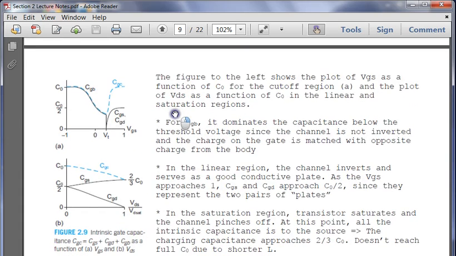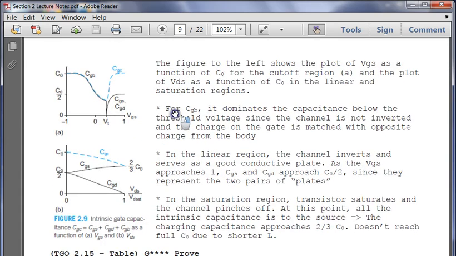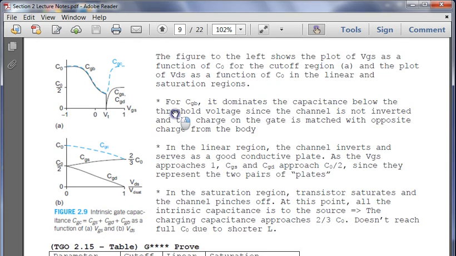Here, we're going to worry about the cutoff region first, before we've reached the threshold voltage. So we're in cutoff. In cutoff, the gate capacitance is dominated by gate body.